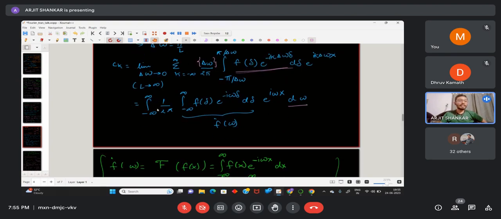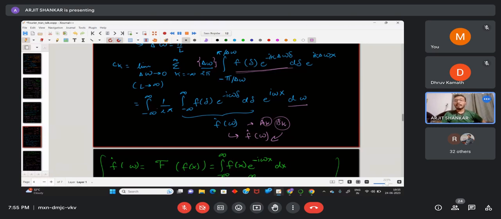So now instead of using ak and bk, we will use something like f hat of omega. That's it. So this is the main difference between the Fourier series and Fourier transform.